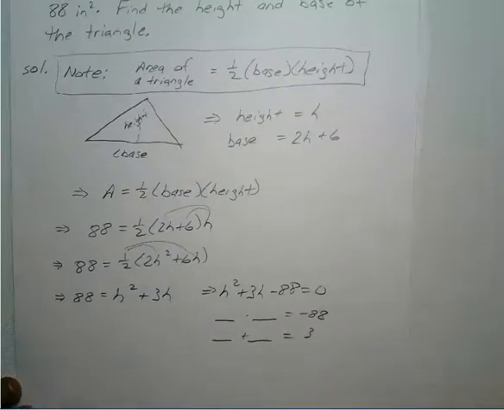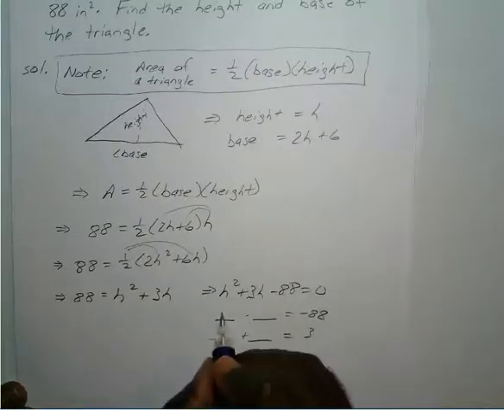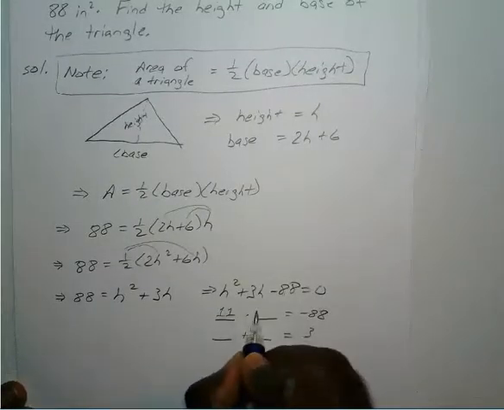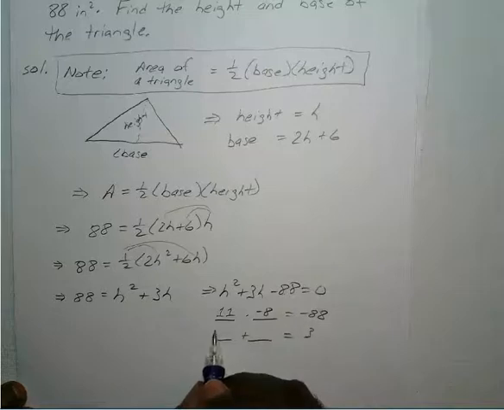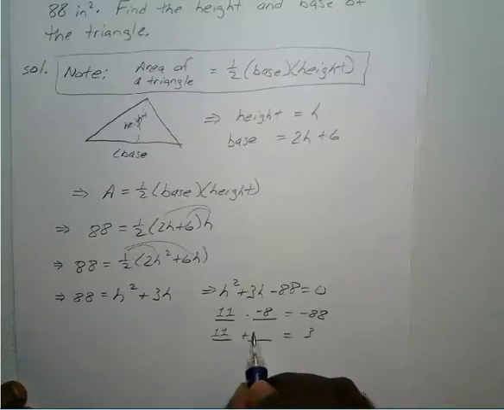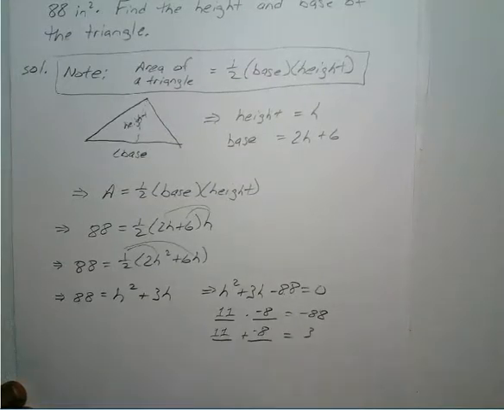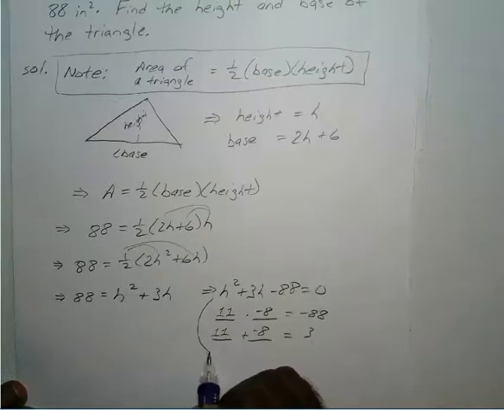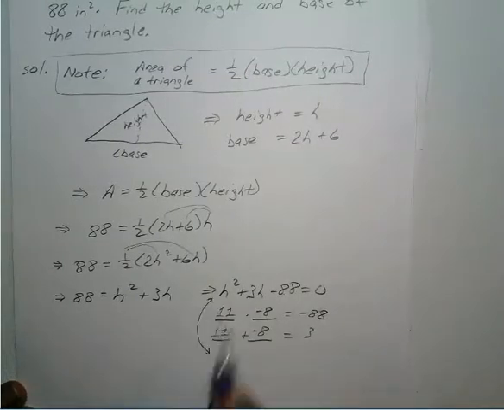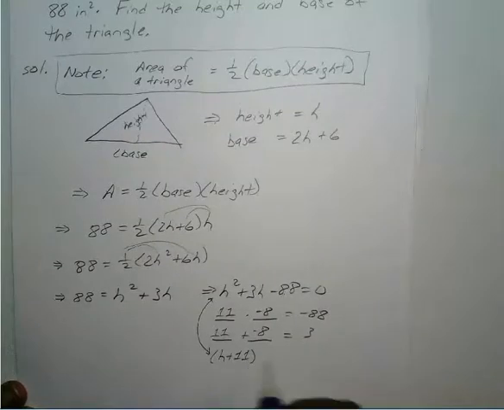In this case, 11 and negative 8 works. 11 times negative 8 is negative 88, and 11 plus negative 8 is positive 3. So this factors to become h plus 11 times h minus 8 equals 0.